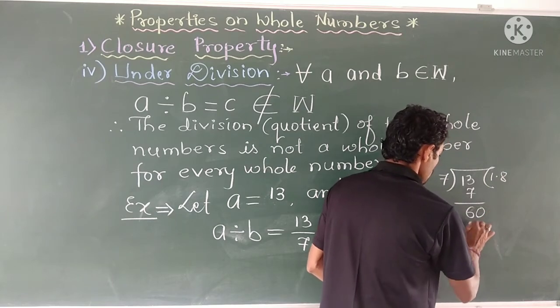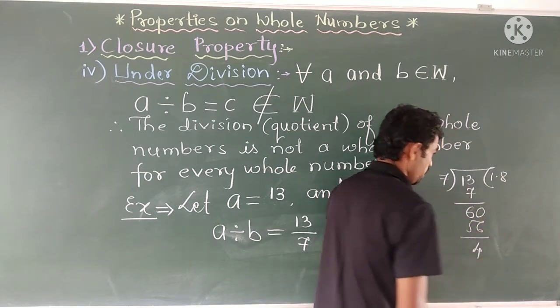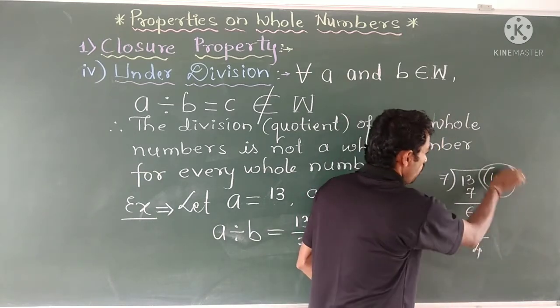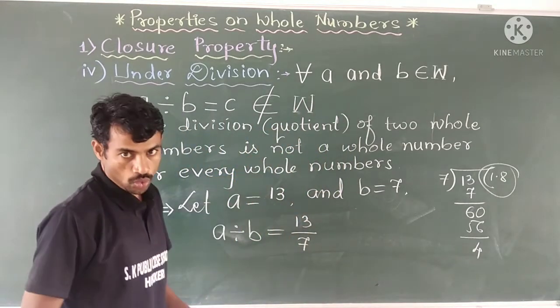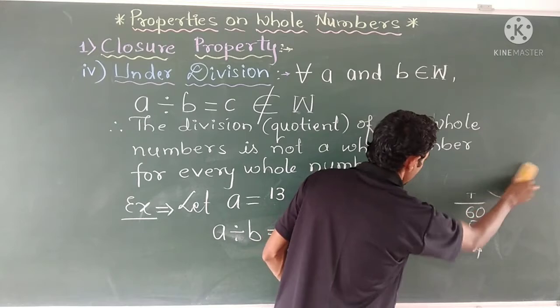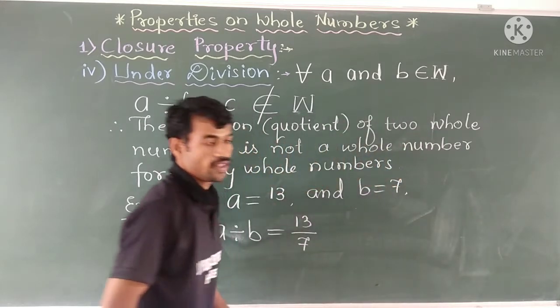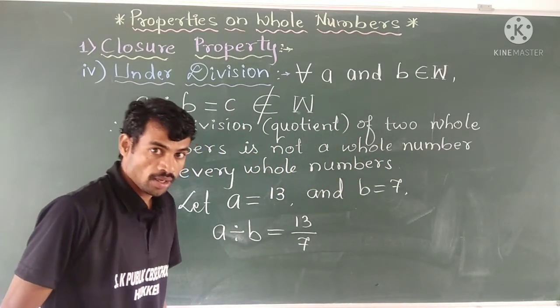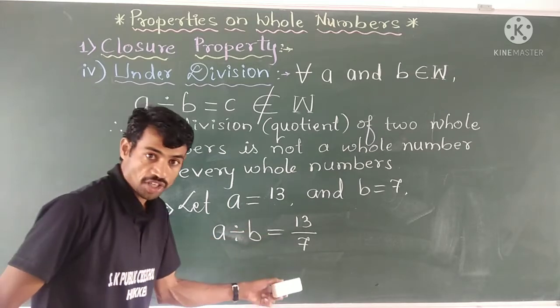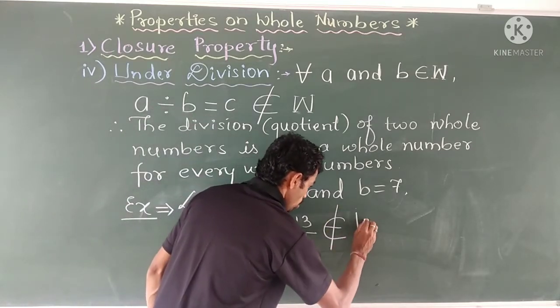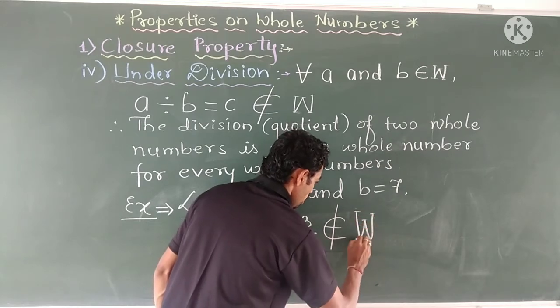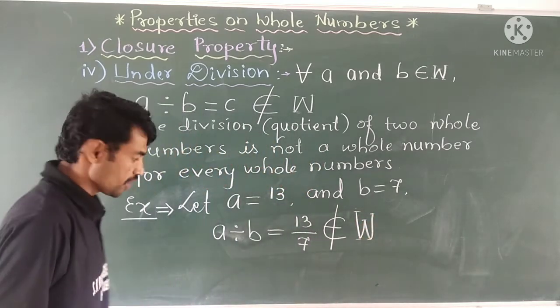Again 4 we get. Such type of numbers we cannot find in the set of whole numbers. So any number which is in the form of a decimal or a fraction does not belong to W. It means they are not in the set of whole numbers.